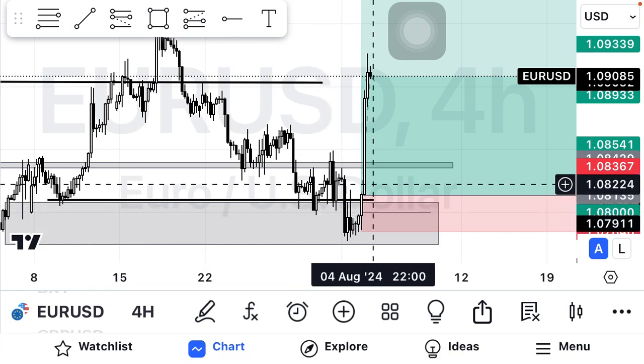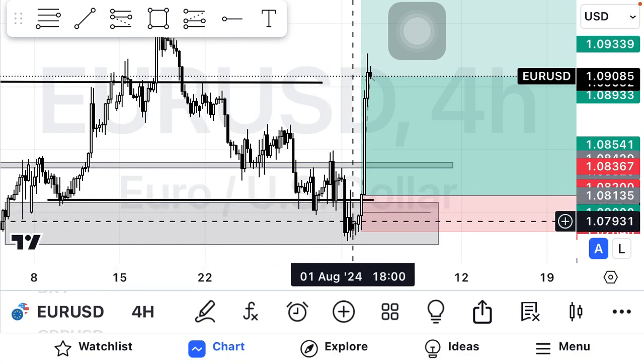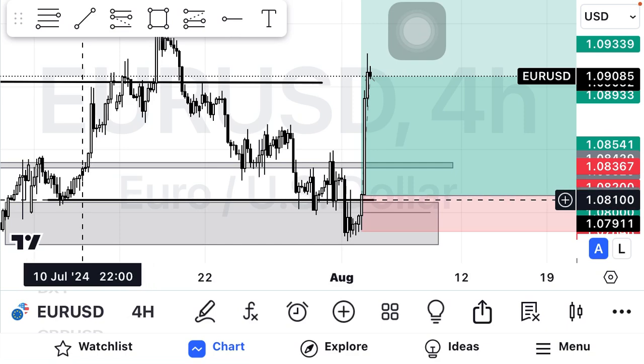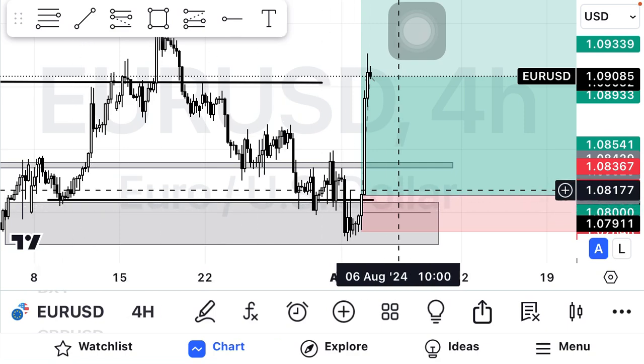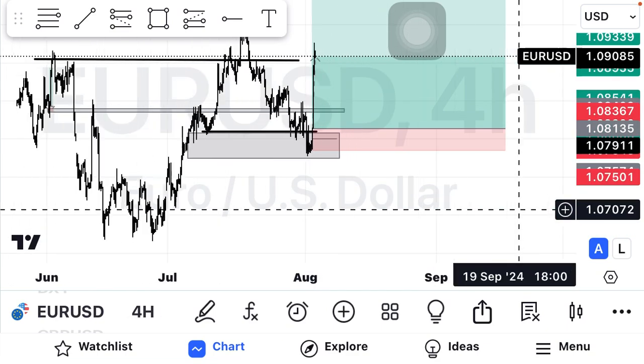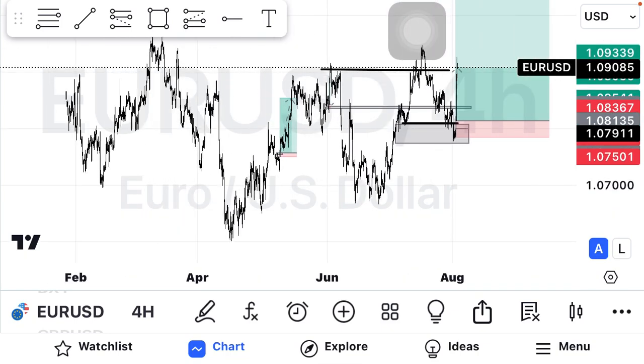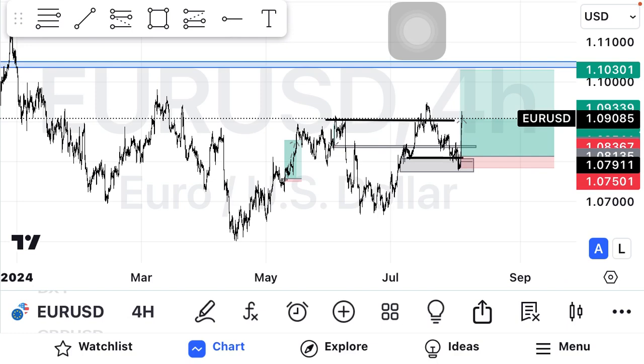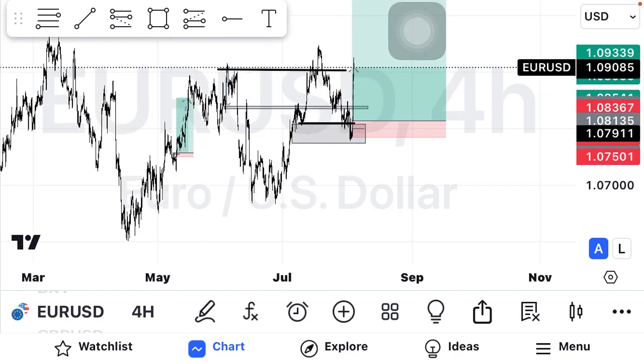So what gave the signal was this strong momentum candle after the range that broke above this black line. So I entered based on that, and RTP is around here. So we are almost halfway through the trade, and we hope to see what happens next week.